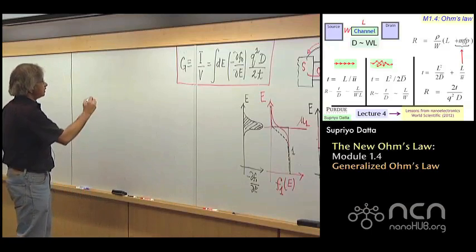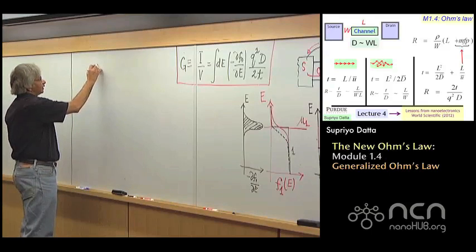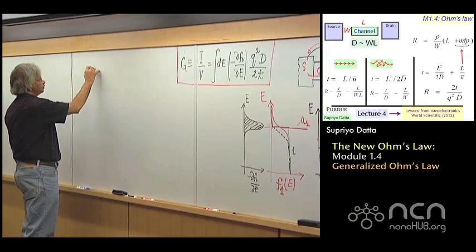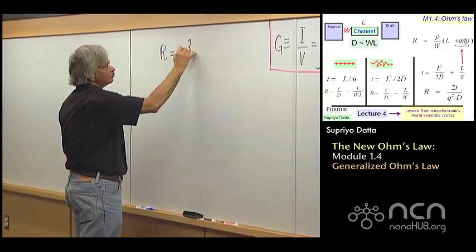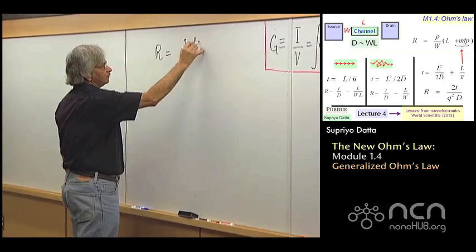So if the conductance is Q squared D over 2T, the resistance would be something like 2T over Q squared D.